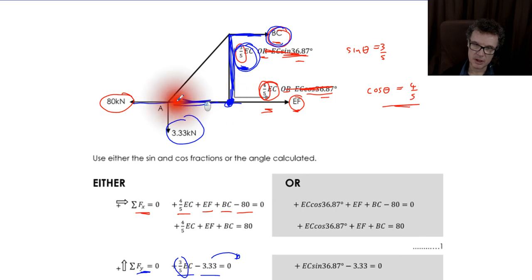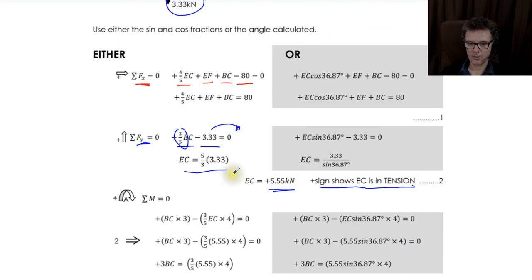This force here is going to create a turning moment. That's going to want to turn in an anti-clockwise sense, and the BC is going to want to turn in a clockwise sense. So I think I should take moments about this point, and so we take moments about A.